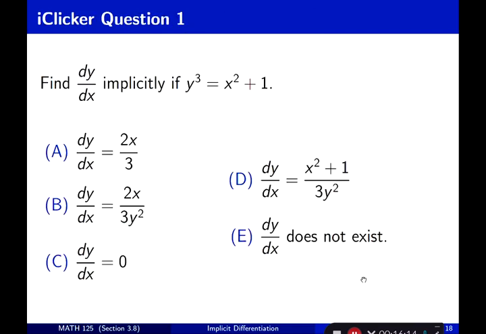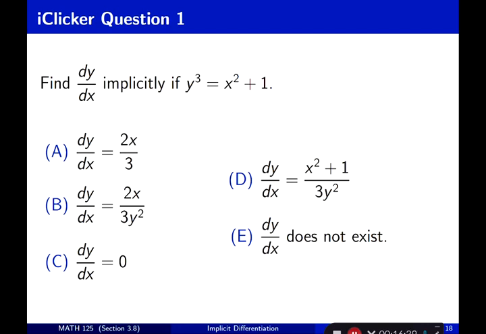Question 1. Find dy dx implicitly if y cubed is equal to x squared plus 1. Okay, this is an implicit function again. Now, the options are A, derivative of y with respect to x is 2x over 3.